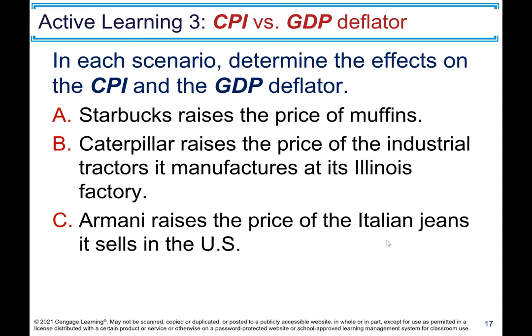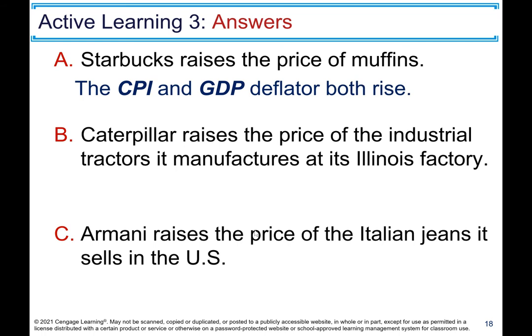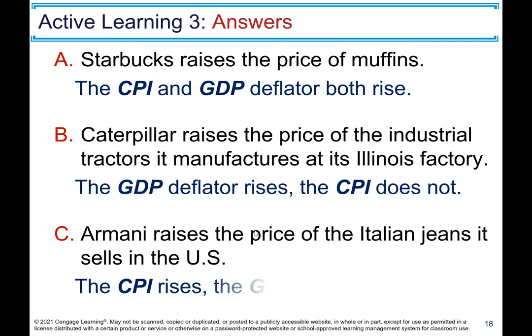That will affect the GDP deflator because it is made in America, but not the CPI because consumers don't buy Caterpillars. C: Armani raises the price of the Italian jeans it sells in the United States. That will affect the CPI. It will not affect the GDP deflator because these jeans are not made in the USA. And these are the answers.